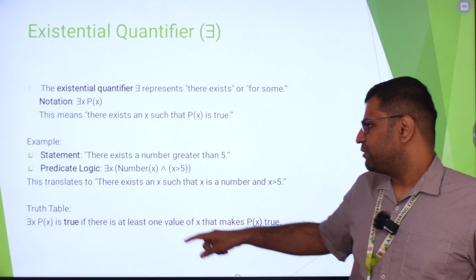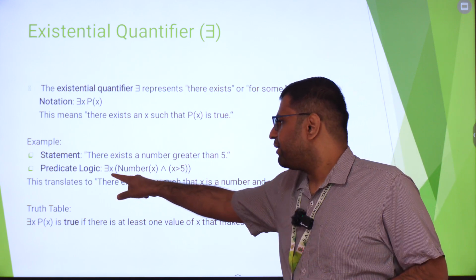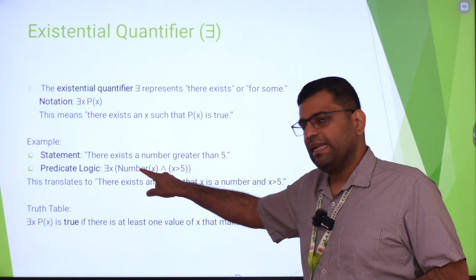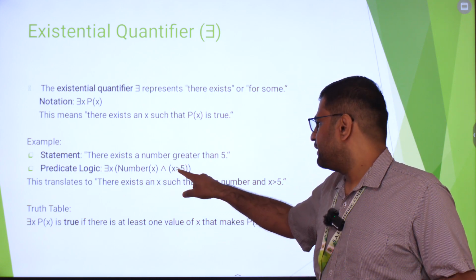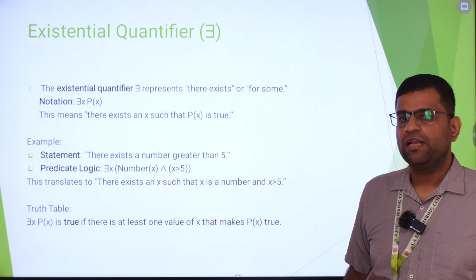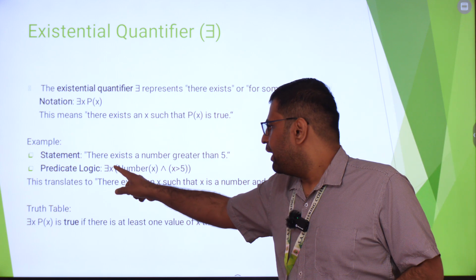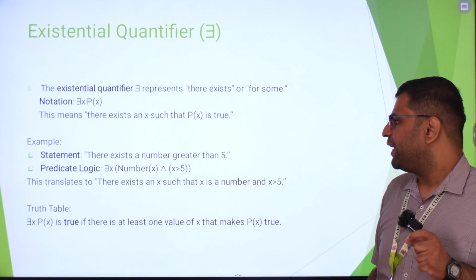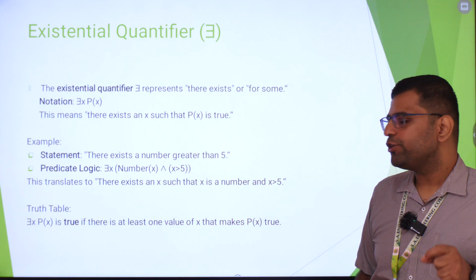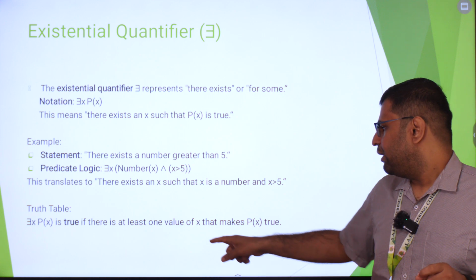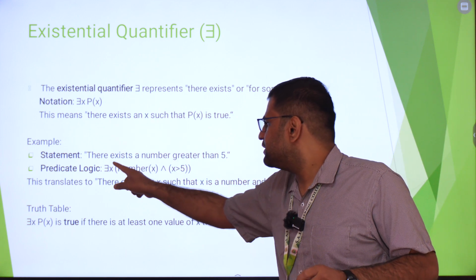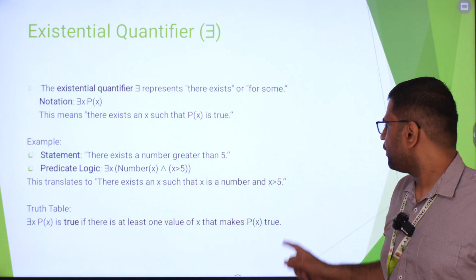The predicate logic is expressed as: there exists an x, and x is a number such that the number is greater than 5. So it should be a number, and the number should be greater than 5 for it to be true. There should be at least one value that makes the function P of x true.